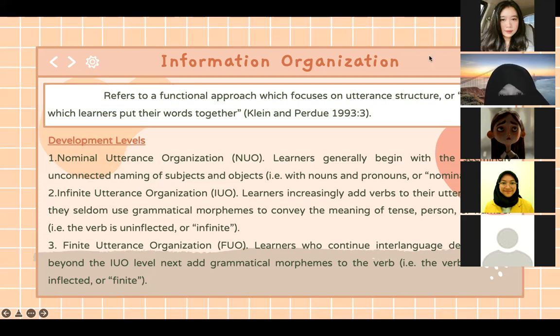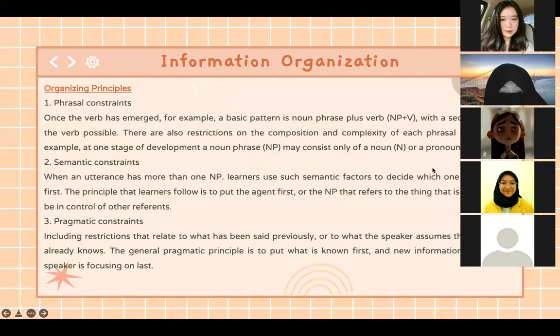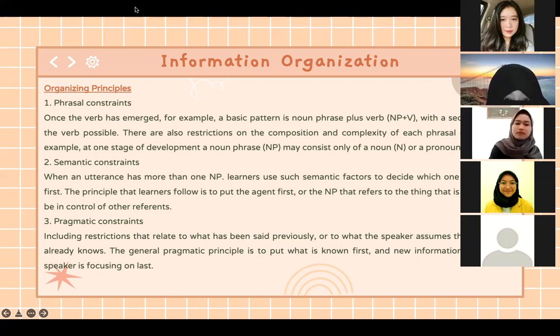In the examples, the verb becomes inflected, or what is called finite. An example of this is "After she said to Charlie, 'You eat dinner.'" And another example is from Italian native speakers, and the utterance is "He has finished the work."